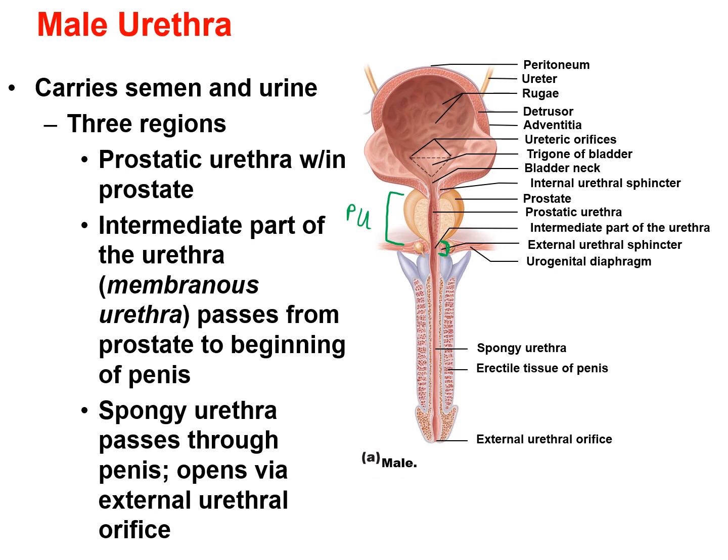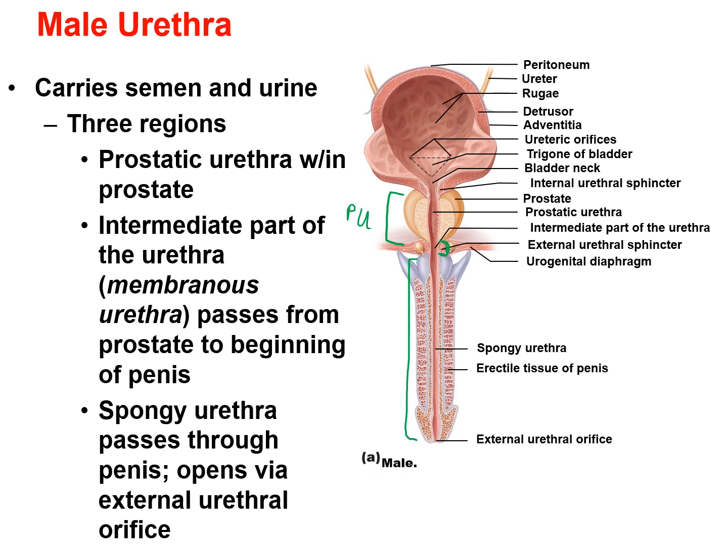The third part of the urethra in males is going to be the spongy urethra. And this is going to be the portion of the urethra that passes through the penis itself. The spongy urethra is what actually opens to the external environment through the external urethral orifice, which would be the end of your urethra right here.